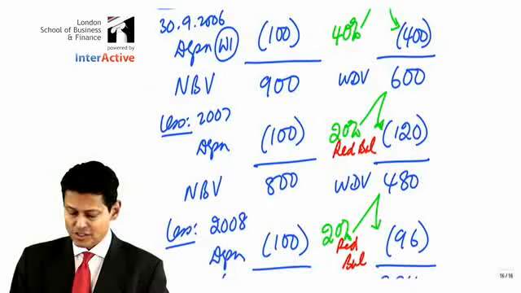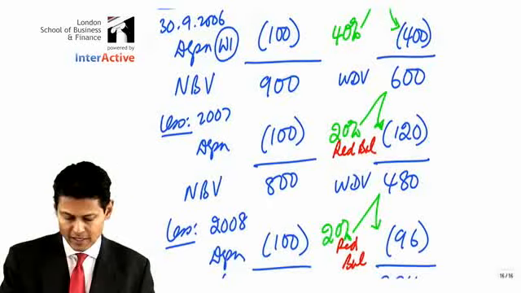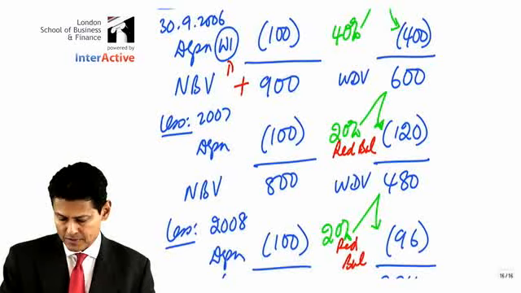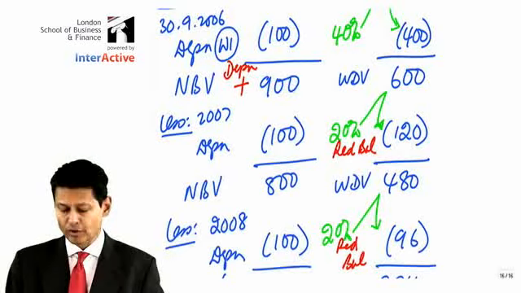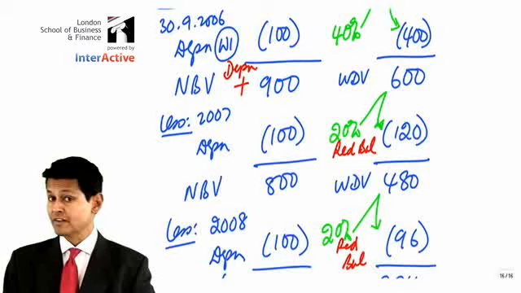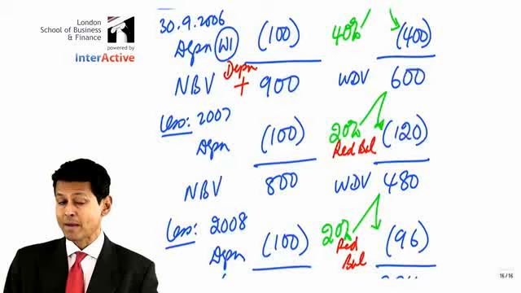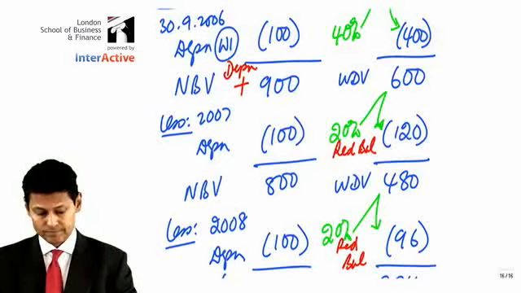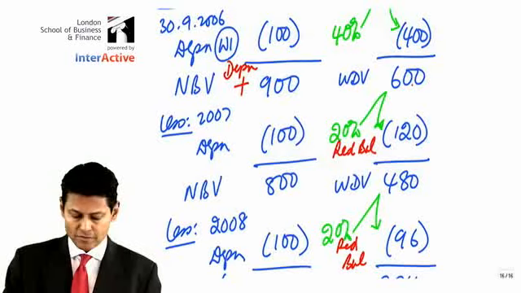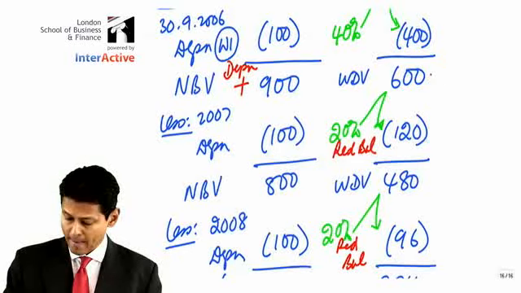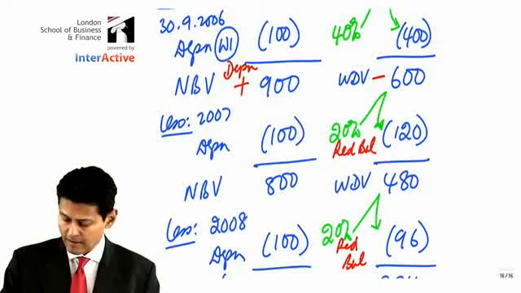So if I say net book value is a plus, that represents future depreciation. So in the fullness of time, at the end of the first year, looking ahead at the future, 900 represents total depreciation. The 600 represents capital allowances. So I'll say minus, and this is nothing but capital allowances.